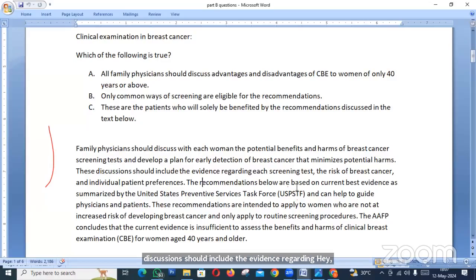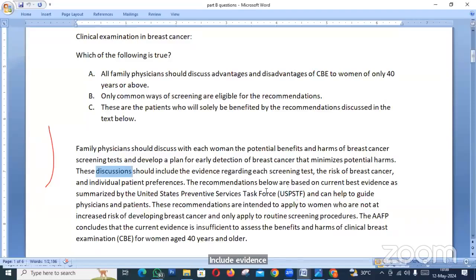So recommendation below. Please mute, okay? These are the patients who will solely be benefited by the recommendation discussed in the text below, okay? This discussion, these recommendations include the evidence regarding each screening test, risk of breast cancer, individual patient preference.